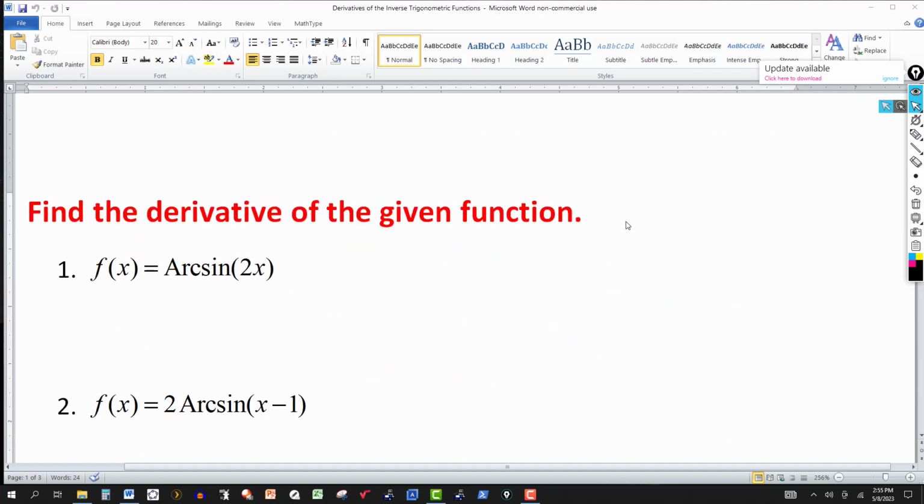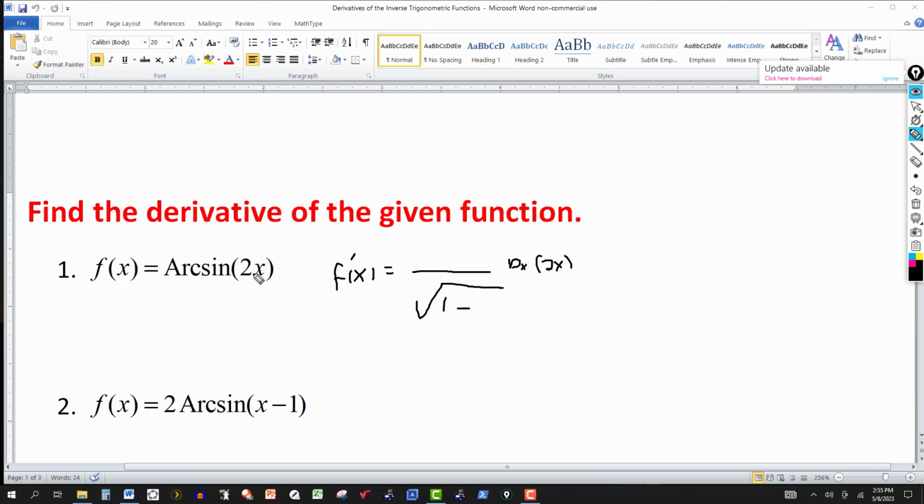So let's look at the first one then. We want to find the derivative with respect to x. So this 2x here represents the u. So it's 1 here, and then it's the derivative of u, which is 2x. And then it's the square root of 1 minus u squared.